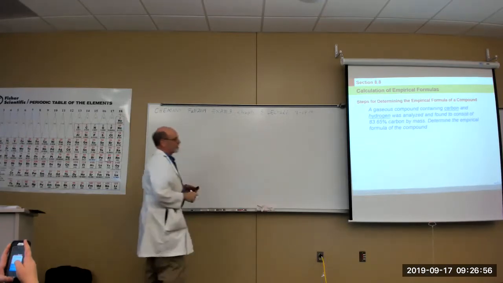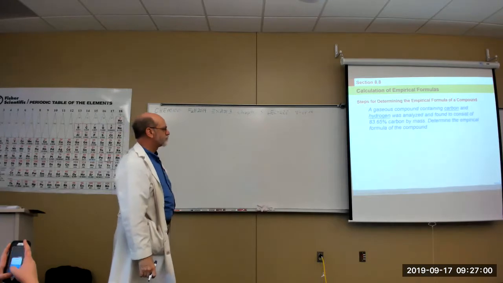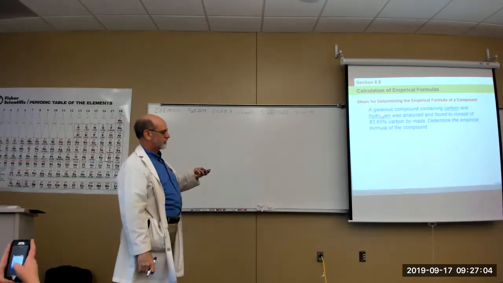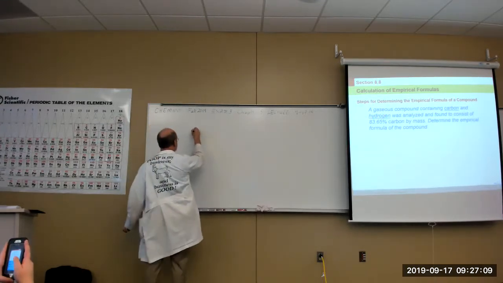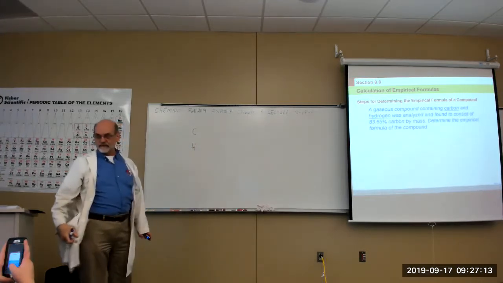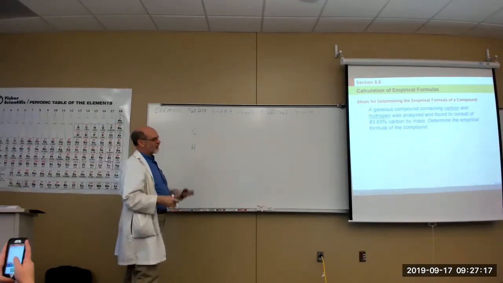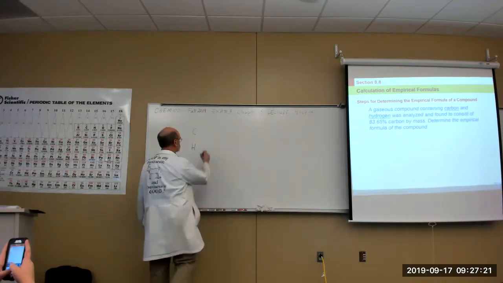Okay. So let's use, we know the compound has carbon and hydrogen only. Right? So it's only got carbon and it's only got hydrogen. Okay, that's qualitative analysis. Then the quantitative analysis says that we have 83.65% carbon.